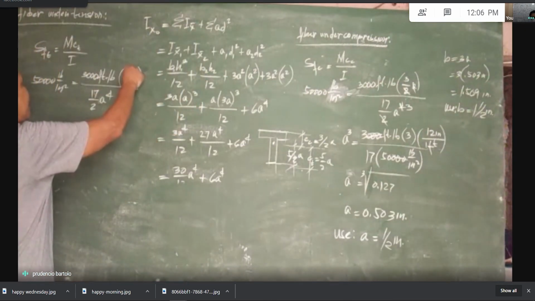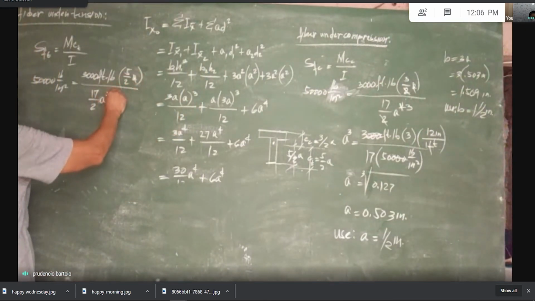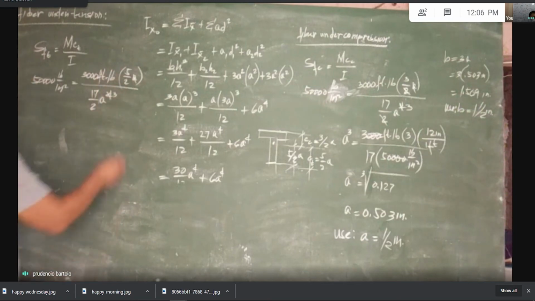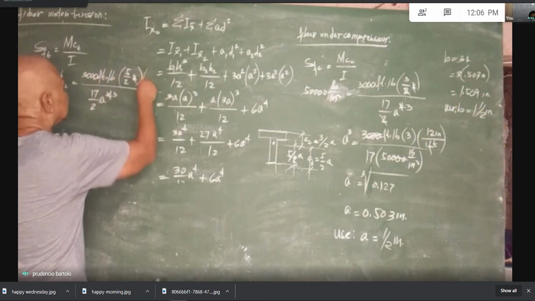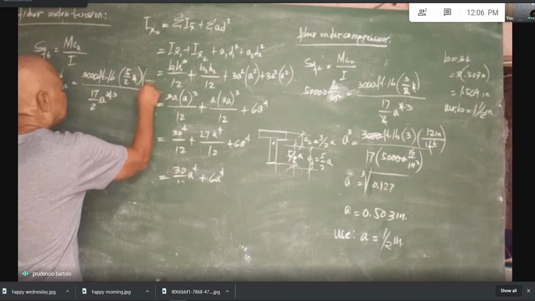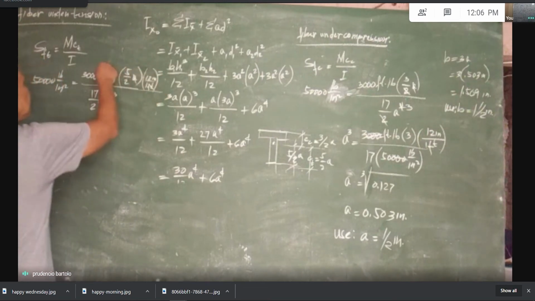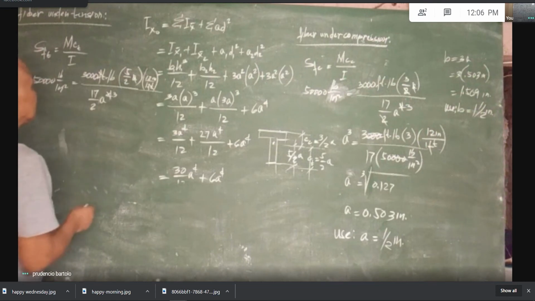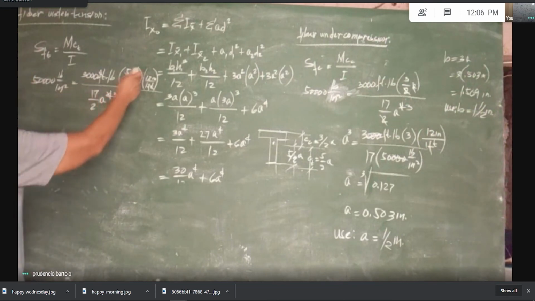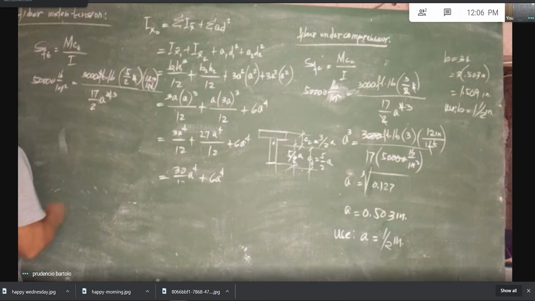So A in here can be cancelled out, making this A cube unit. So this is 1 foot, 12 inches. Foot and foot cancelled out, remaining unit is in inches.